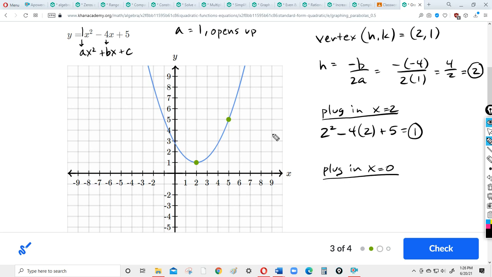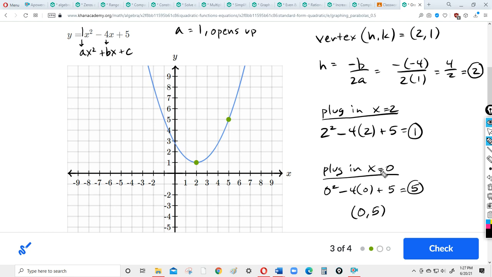So that's 0 squared minus 4 times 0 plus 5. So 0, 0, and positive 5. So one other point is 0, 5.